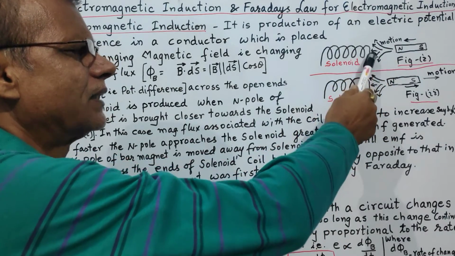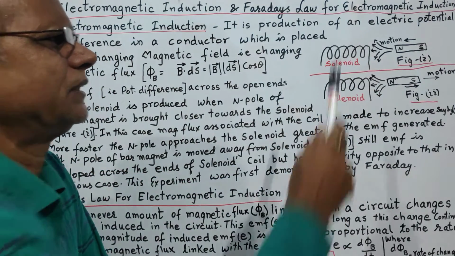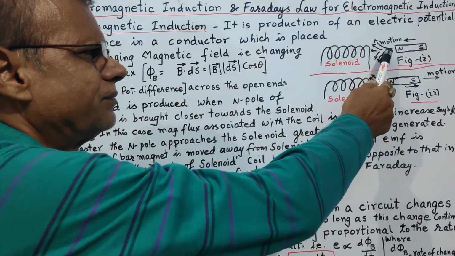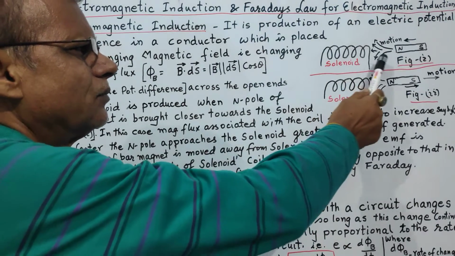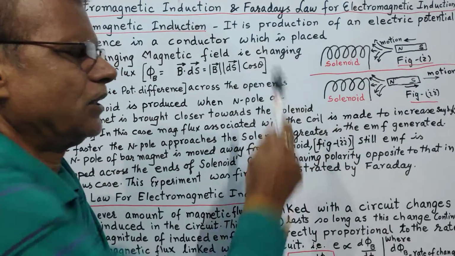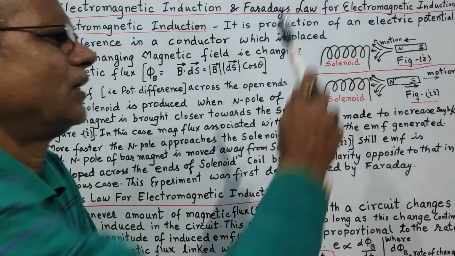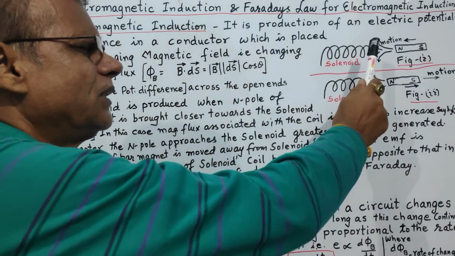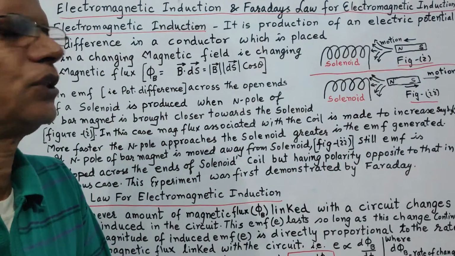The magnetic flux associated with the solenoid increases, because as the north pole is approaching the solenoid, the magnetic flux per unit area is increased. While it was far away, the total number of magnetic field lines passing through the solenoid was less, and when the magnet approaches very close to the solenoid, more magnetic field lines pass through the solenoid.